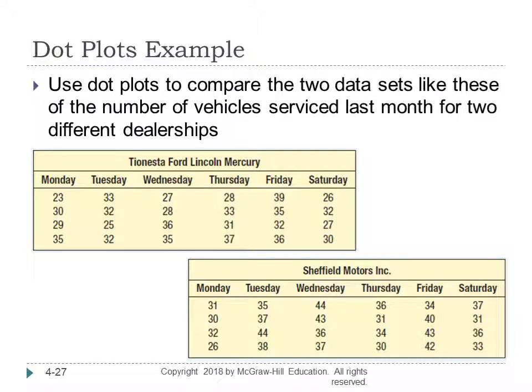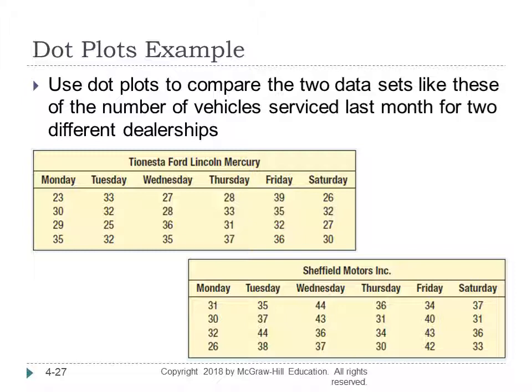First, we will look at dot plots, and these are used to compare two different sets of data. Here are examples. We have two different sets of data. These represent the number of vehicles serviced last month in two different locations, two different dealerships.